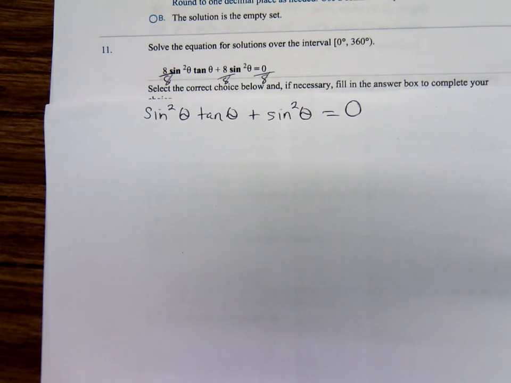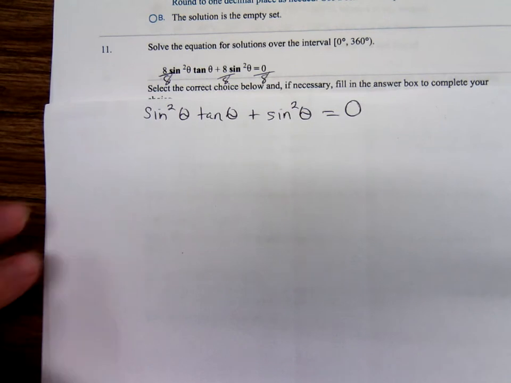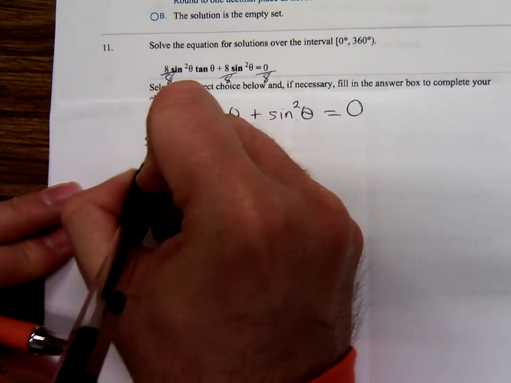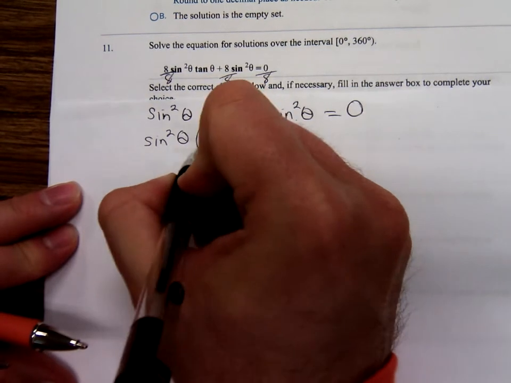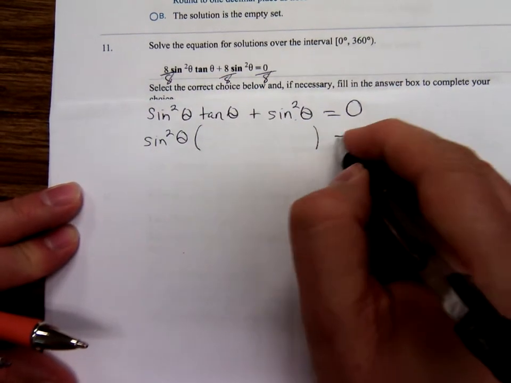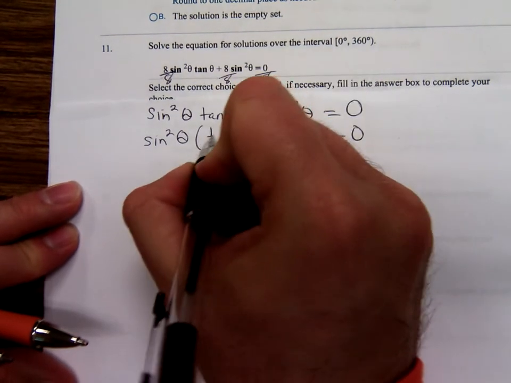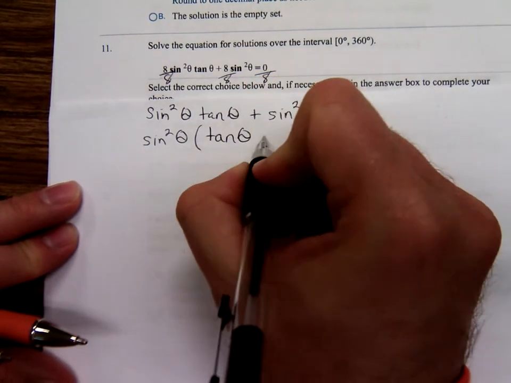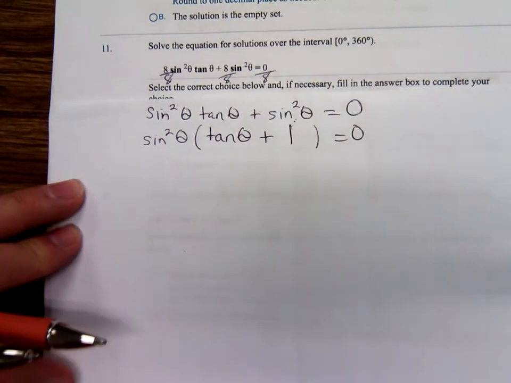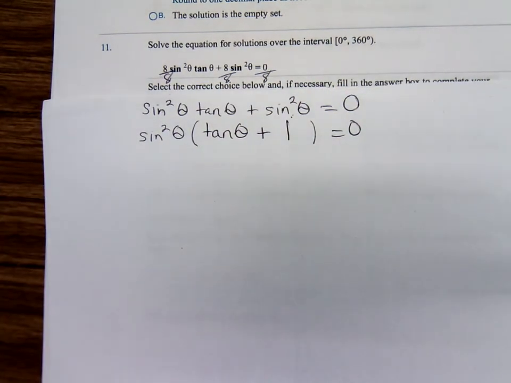Now this one, I think we could just go straight to factoring. If you factor a sine squared theta out of each of these, you're separating the trig functions. What would be in the parentheses? We would have tangent theta plus 1. Now set each one of these to 0.